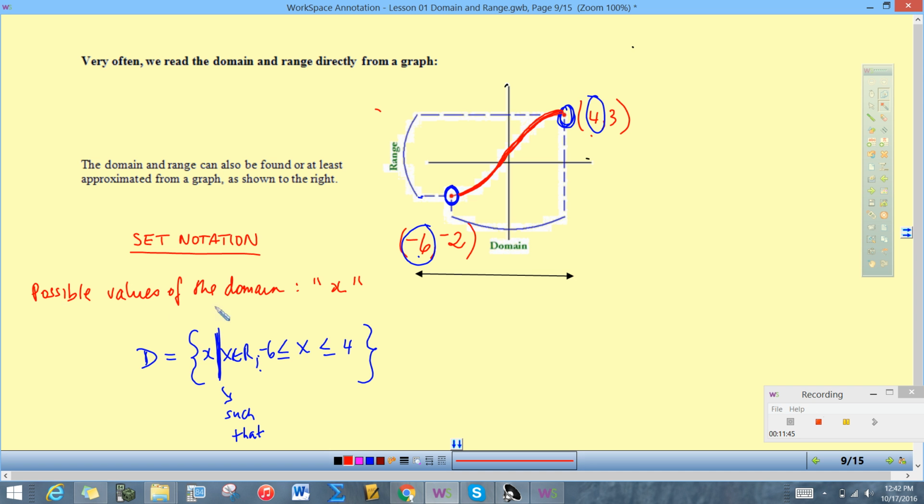So this is the way you would actually write these out. You would write it out as the domain is equal to the set of all x.